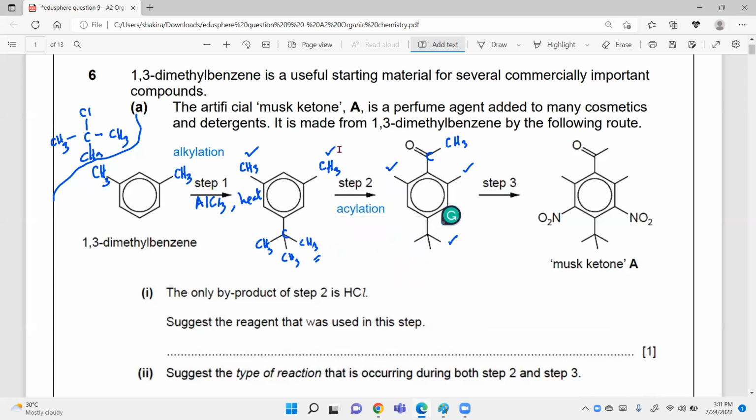In alkylation, an alkyl group is getting attached. In acylation, I'll draw the structure a bit above. In acylation, there should be carbon, double bond oxygen, and an R group. And to this carbonyl group, there should be a chlorine added. For this also, we have to have AlCl3 and heat.